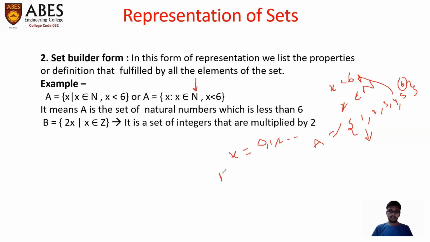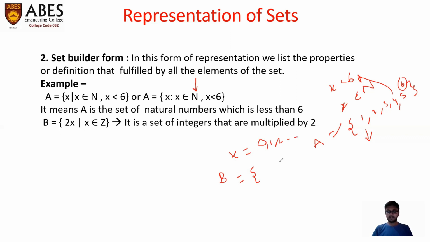So what will be the elements present inside the set B? It says 2x. All the integers are there, and we multiply each of them by 2.